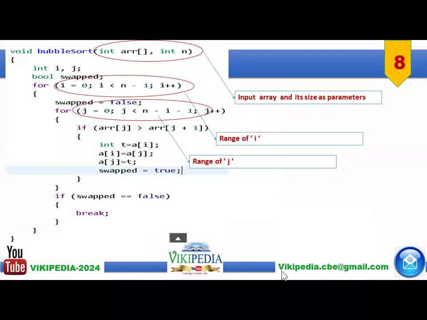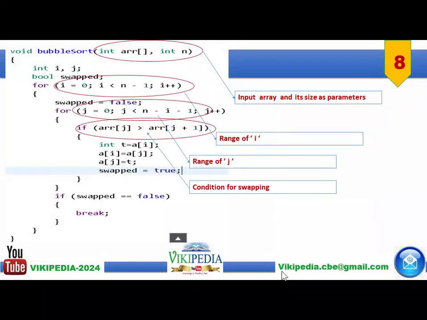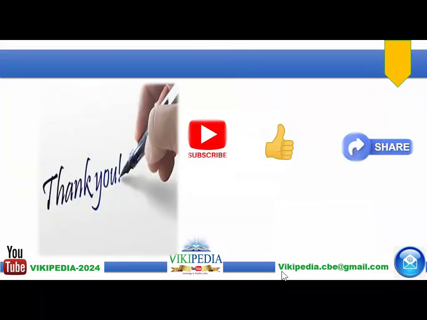Now, the foremost main thing is swapping. What is the swapping condition? Always your left hand element should be greater than the right hand element. If that is true, then we swap it. That is the condition: arr of j greater than arr of j plus 1, then we swap it. That's it.